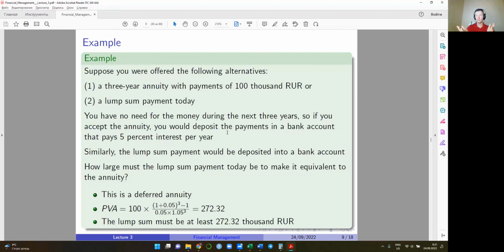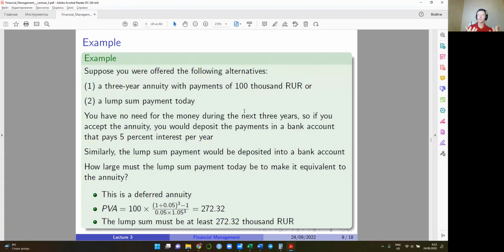If you have an opportunity to invest at 5% per year, it is the same for you whether to accept this amount or to receive 3 times 100,000 rubles. These two alternatives are equivalent to you, or you are indifferent between them.